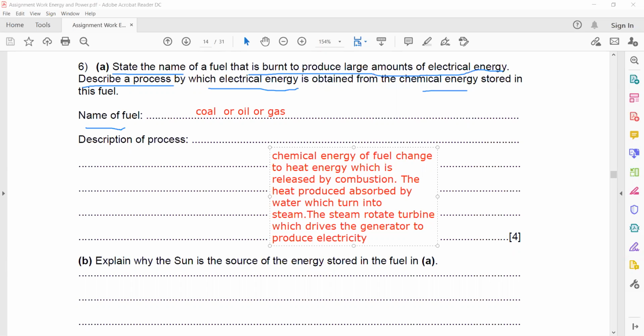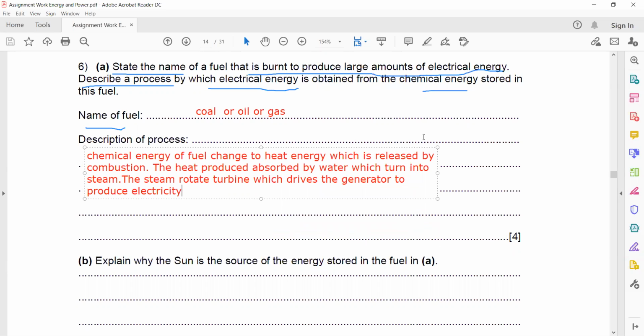Is this clear? You cannot write uranium here. Why can you not write uranium? Because uranium is not burned. In the question, they specify: state the name of a fuel that is burned to produce a large amount of electricity.